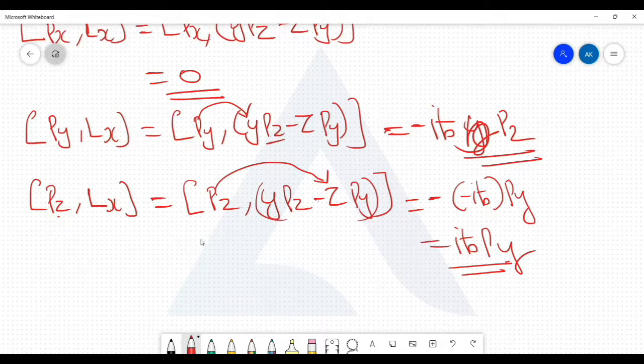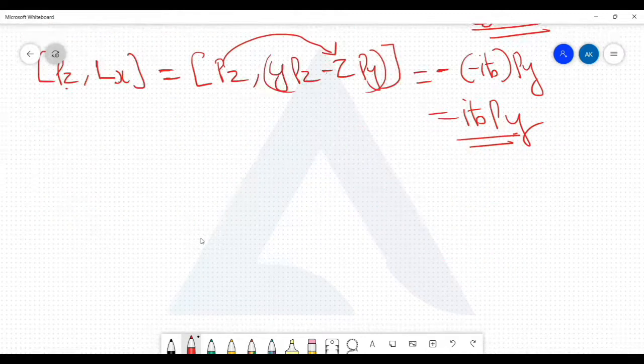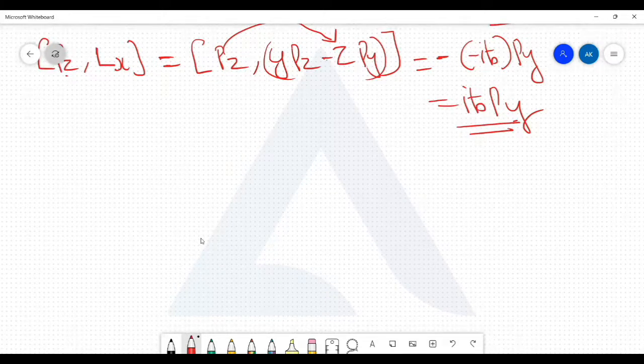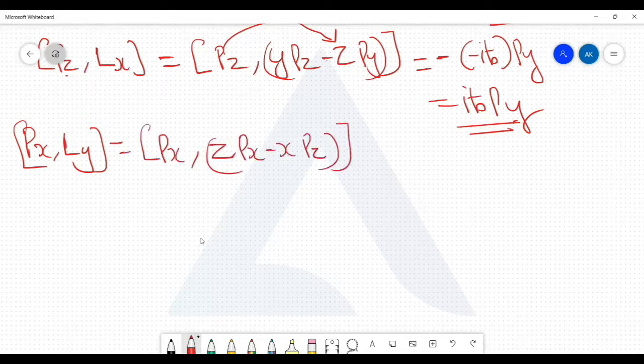Okay. So we have considered all components of p with Lx. Now px with Ly, that will be px. What is Ly? z px minus x pz, that is Ly. So px non-vanishing component is x, so that is existing.